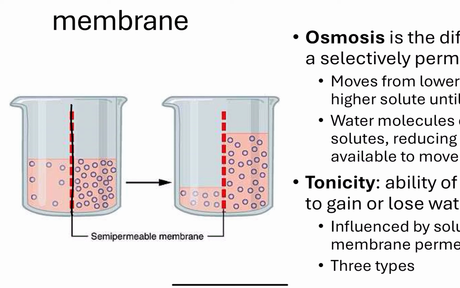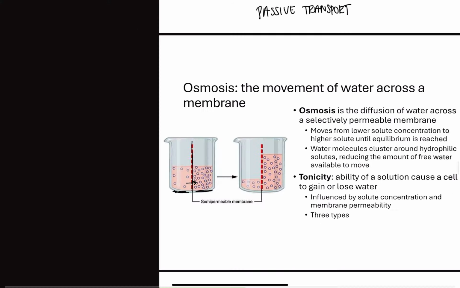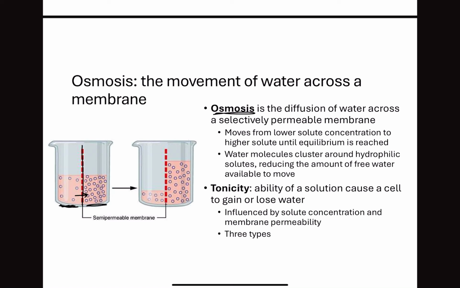How do we think this is going to affect water concentration? The water that has less sugar molecules in it is going to move to the compartment that has more sugar. It is going to dilute the compartment with more sugar until the concentration of sugar is equal on both sides. And this is what we call osmosis. Osmosis is the diffusion of water across a selectively permeable membrane.